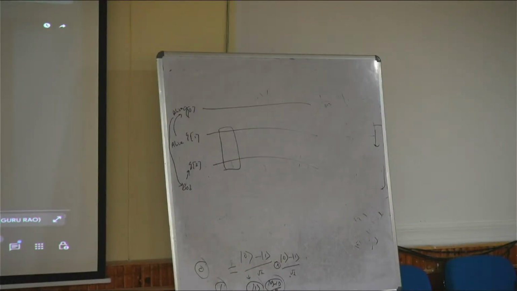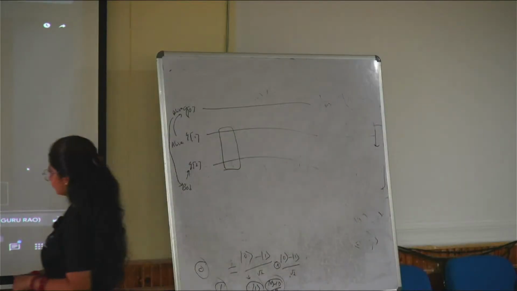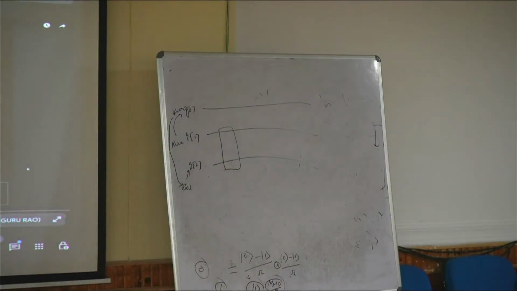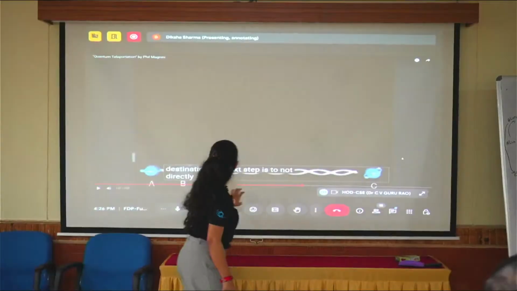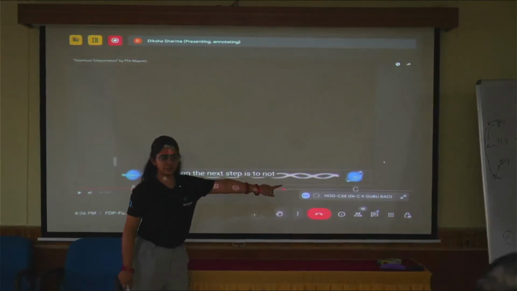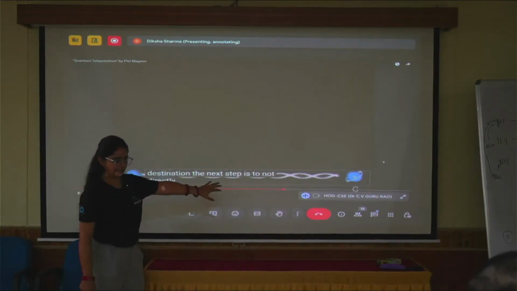I don't know if you are able to understand. See, here in B there is a photon, and here in C there is a photon. This is with Alice and that is with Bob, and those photons are entangled.